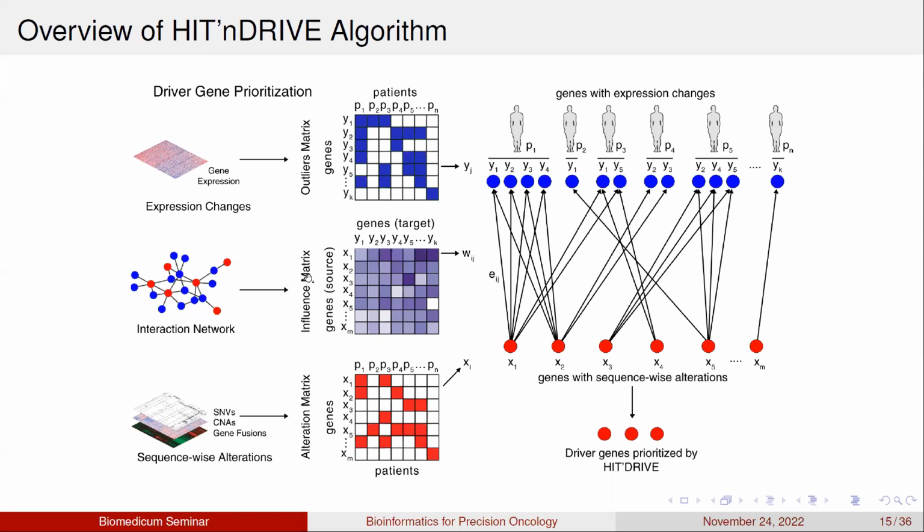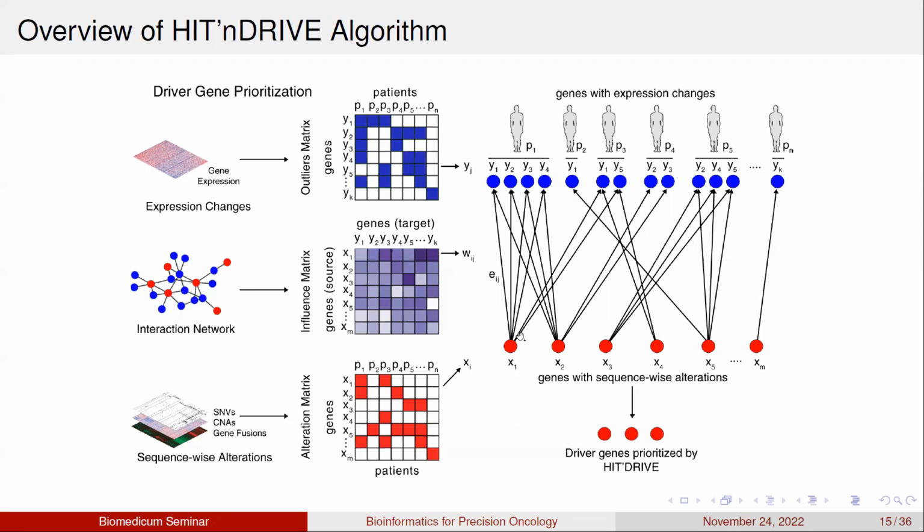And then we can bring in the information about the interaction matrix of how one gene can influence a distant gene in the network, and we can calculate the pairwise influence of one gene to the other.